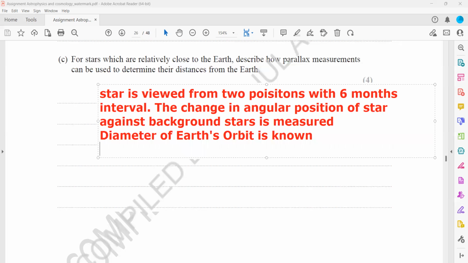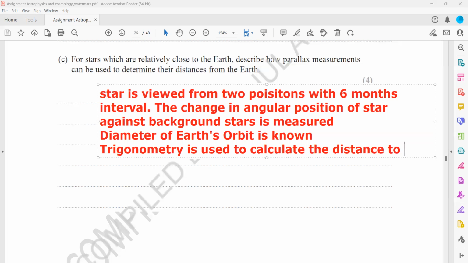So we use trigonometry to measure the distance, but trigonometric parallax is only valid for nearby stars.